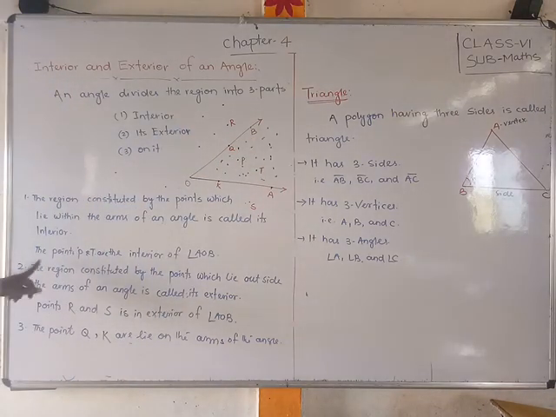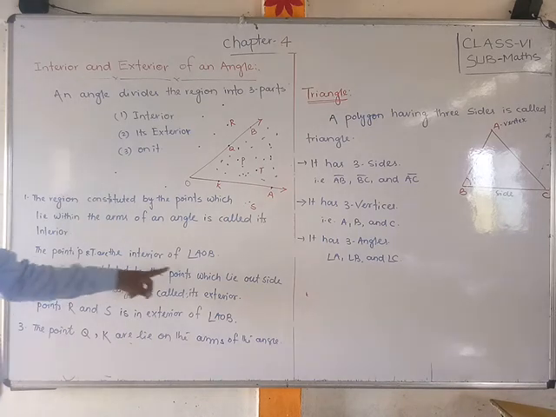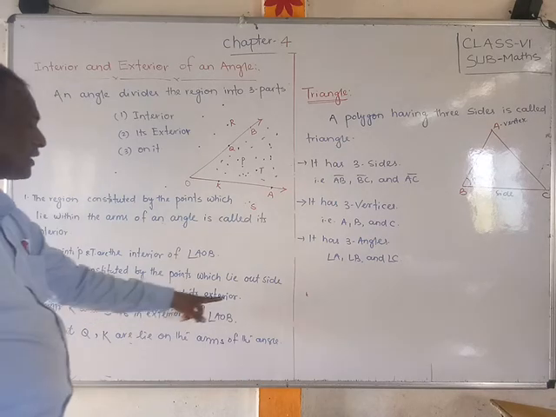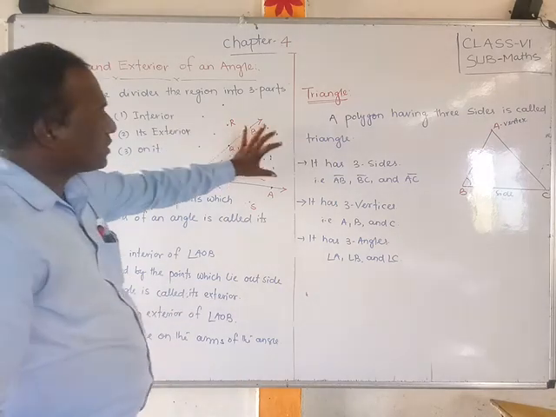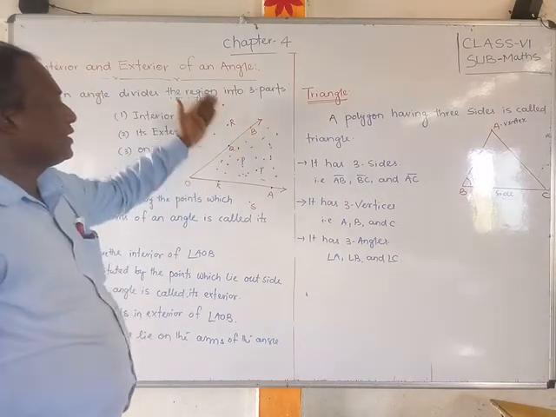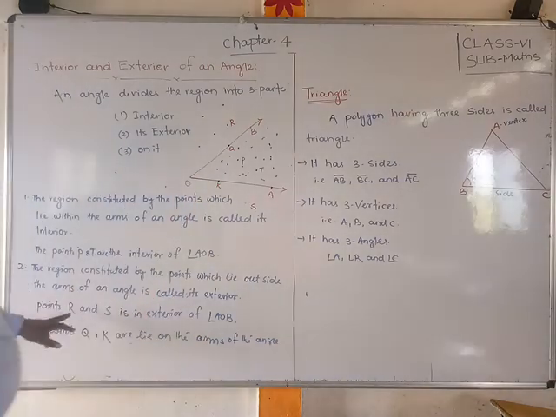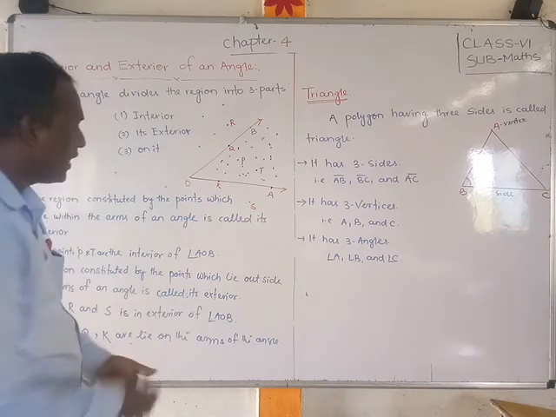Second, the region constituted by the points which lie outside the arms of an angle is called its exterior. That means not interior. R and S are exterior points of angle AOB.